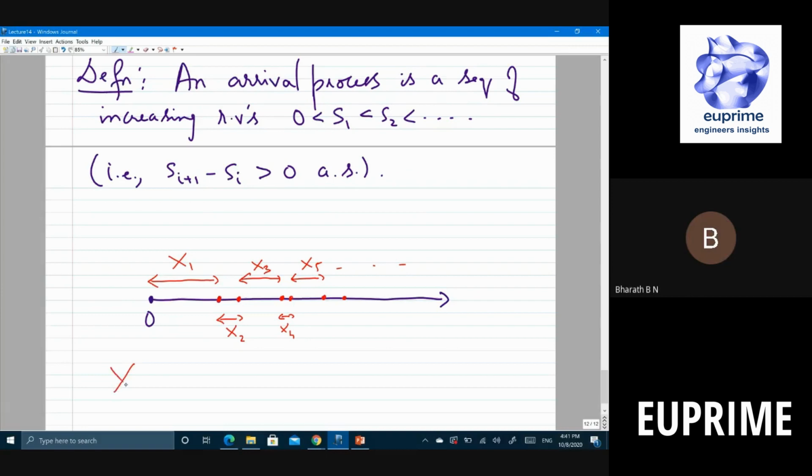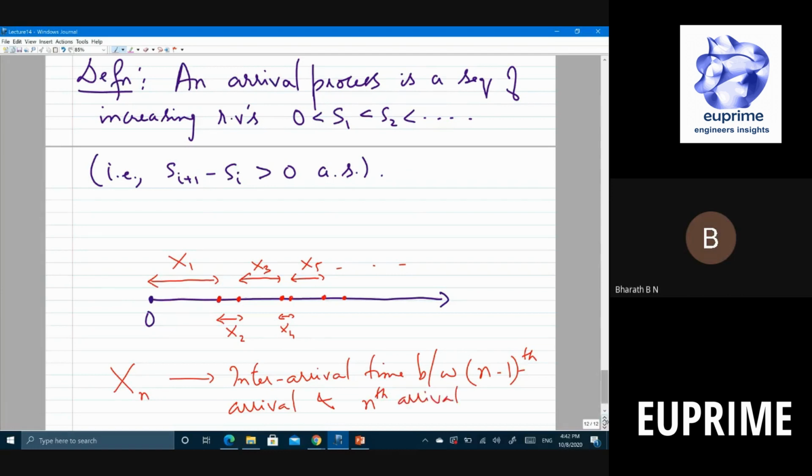So essentially, Xn is what? Inter-arrival time between what and what? Between the n minus 1th arrival and the nth arrival.